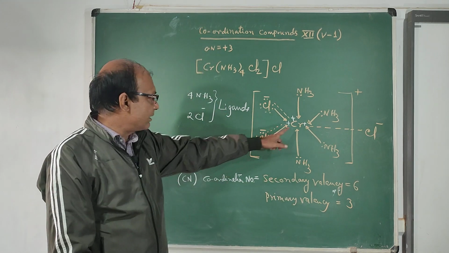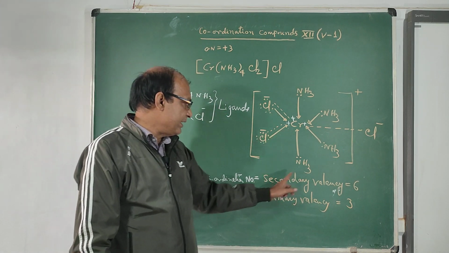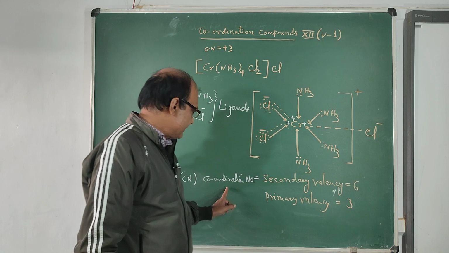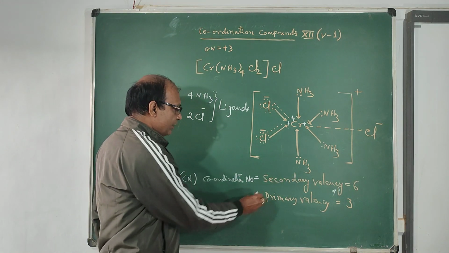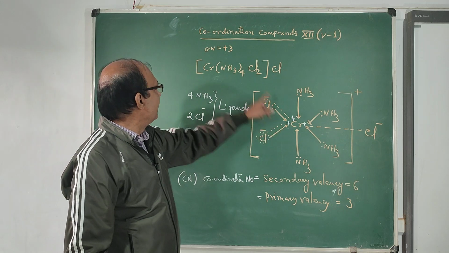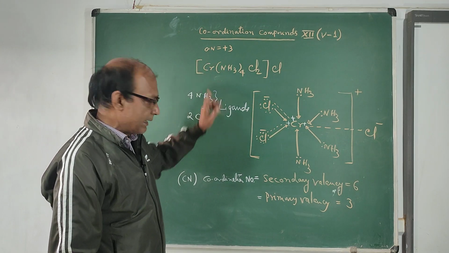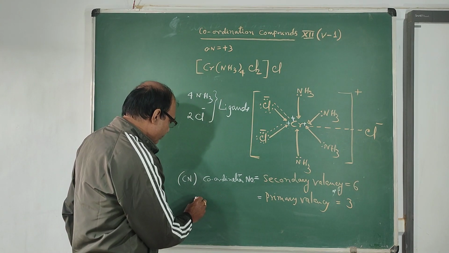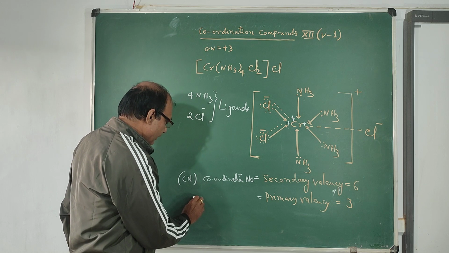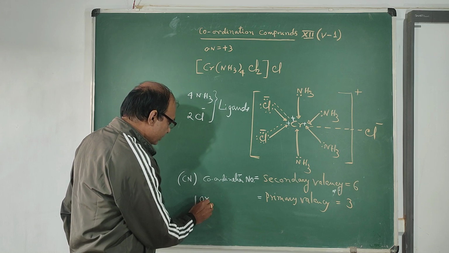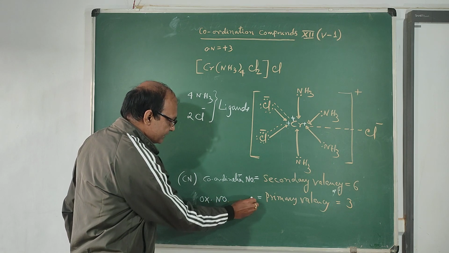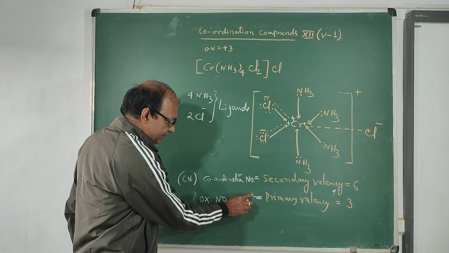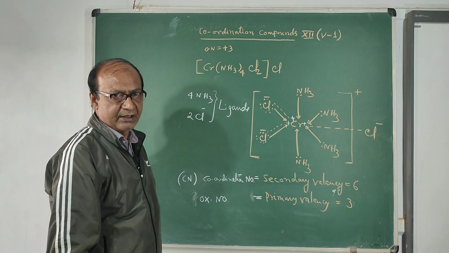The coordination number of the central metal atom or ion is equal to its secondary valency. So the coordination number is 6. And the primary valency is equal to the oxidation number of the central metal. So primary valency equals oxidation number, and secondary valency equals coordination number.